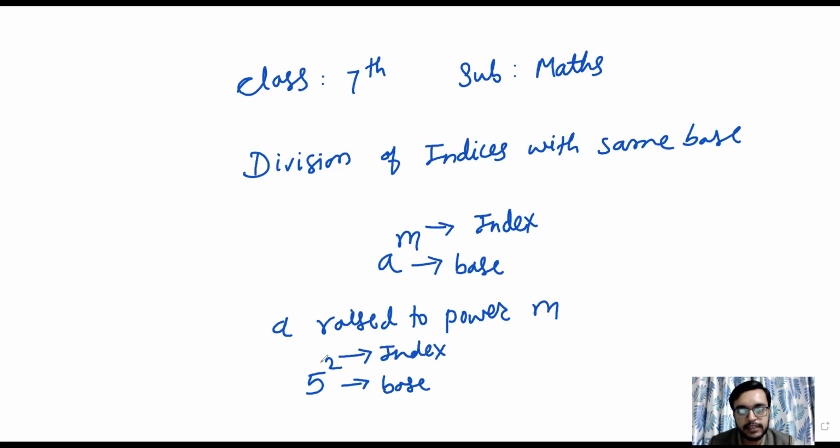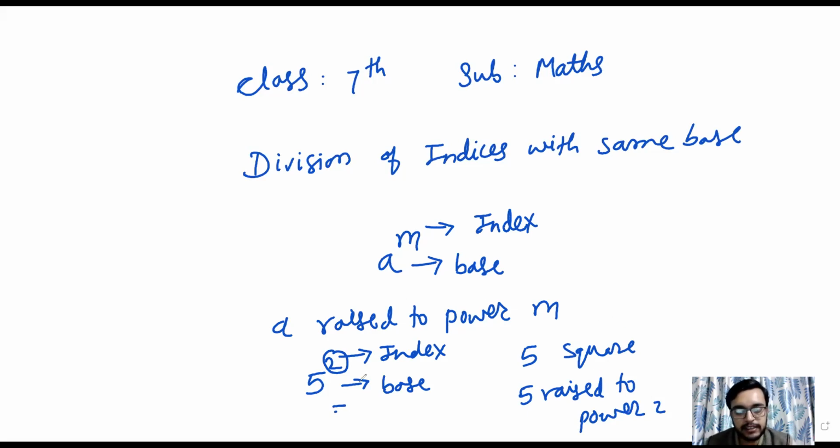The power is 2, therefore it is also read as 5 square, or square of 5, or 5 raised to power 2, or 5 to the power 2, and it can be written as 5 into 5. That is all about indices, which we learned in the previous class.